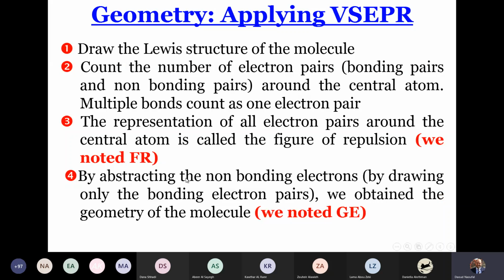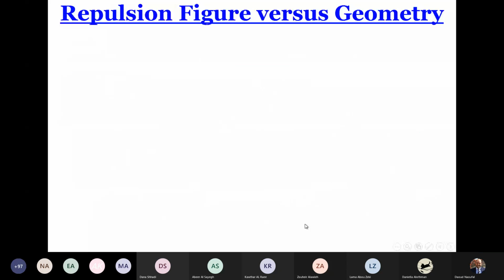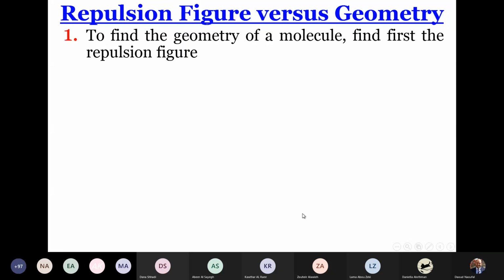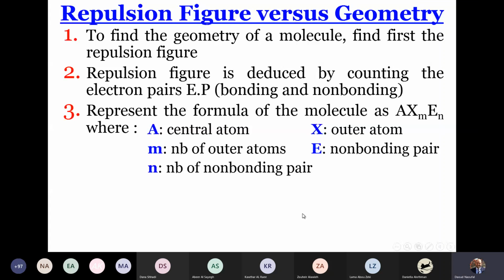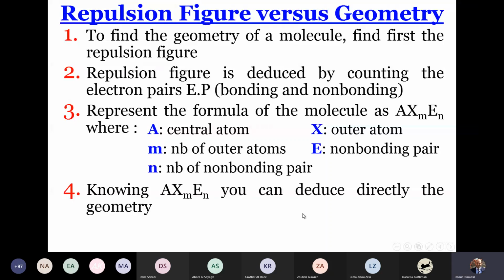So by abstracting the non-bonding electrons, by drawing only the bonding pairs, we obtain the geometry of the molecule. We note it GE. And pay attention, if you don't have non-bonding pairs around the central atom, the figure of repulsion is the same as the geometry. So this is how to find the figure of repulsion.